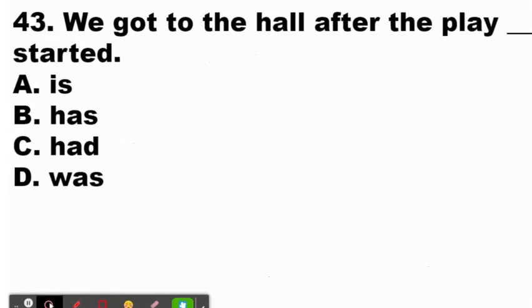Question number 43. We got to the hall after the play dash started. A is, B has, C had, D was. Now the correct option is C, and that is had. And here what is being tested is tense harmony, which is sequence of tenses.